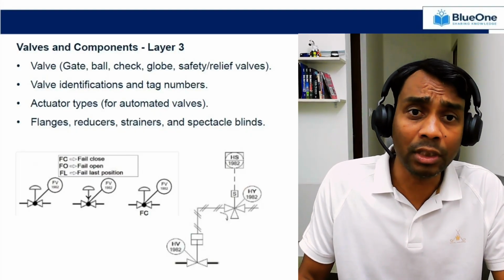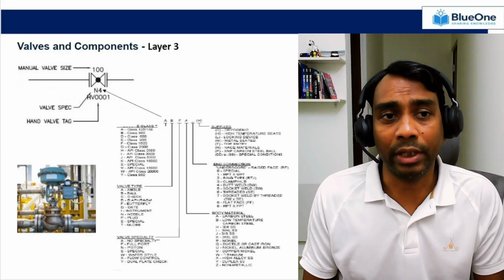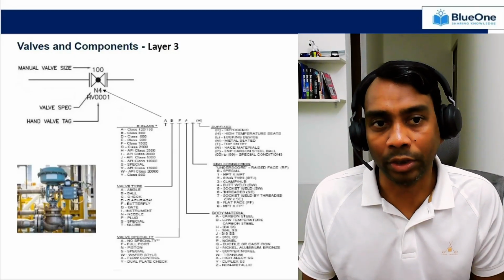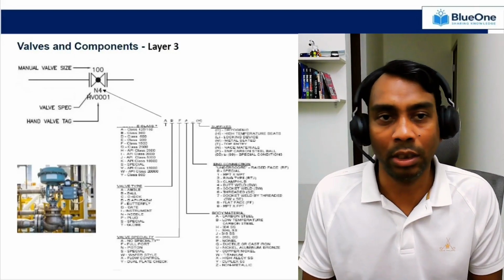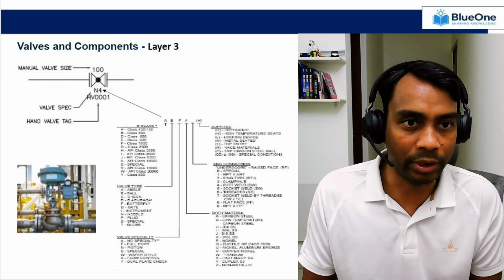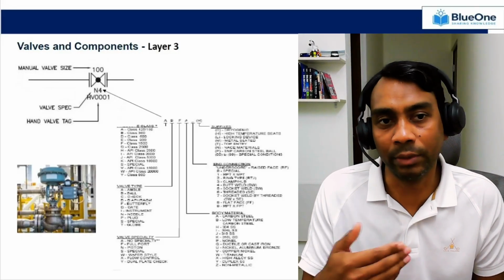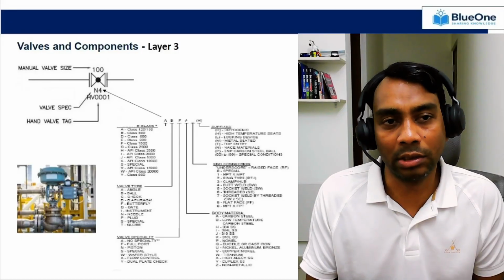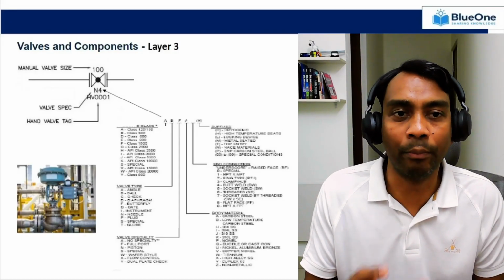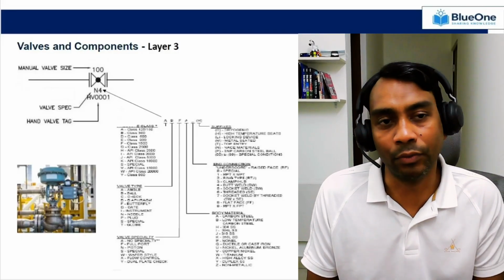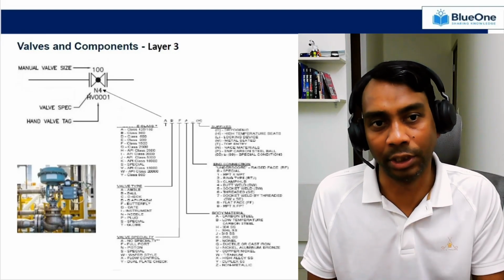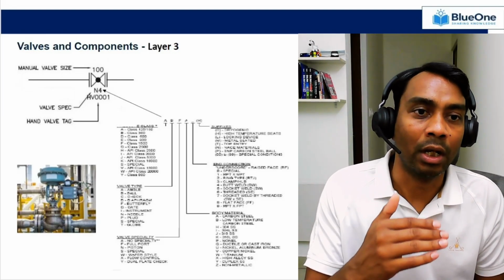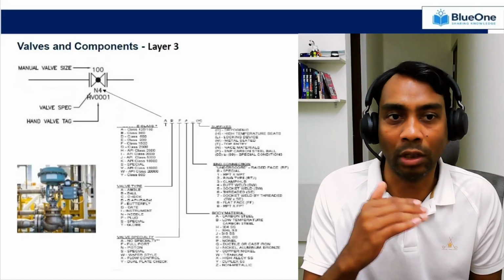Now, how to identify the type of the valve or more information about the valve. If you look at this diagram, the valves in the P&ID will have a basic coding. For example, if you see a manual valve size written here, there is a valve spec written there, and then the valve tag number.